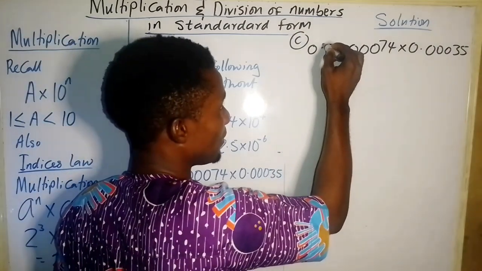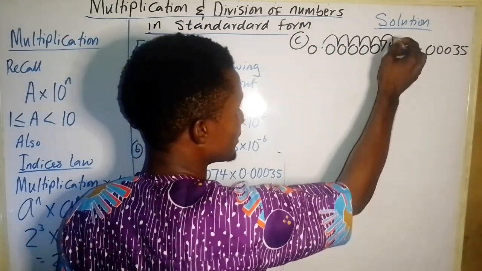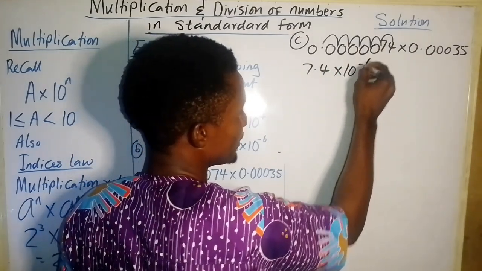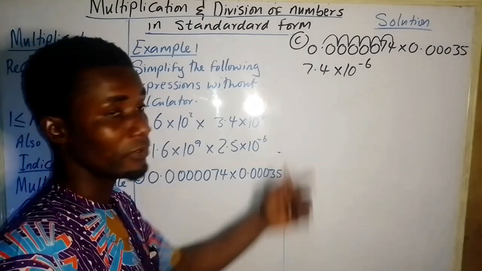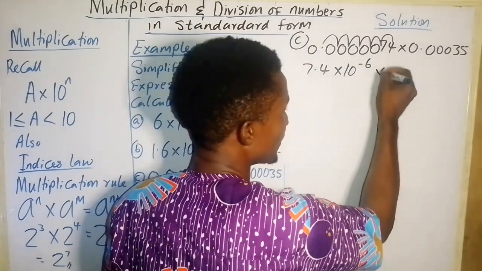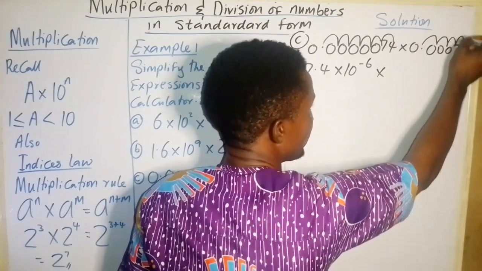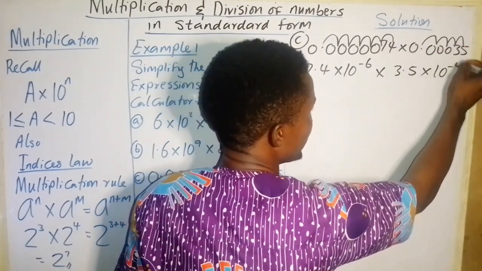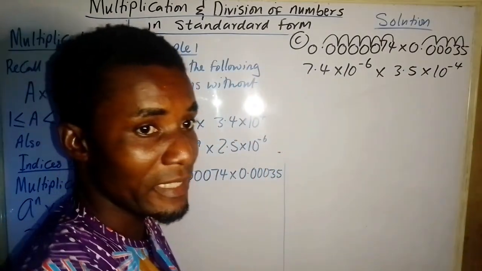Let's move our decimal point 1, 2, 3, 4, 5, 6. So this will be 7.4 times 10 raised to the power minus 6 because we are dividing by a million. So we have times, let's move 1, 2, 3, 4. So this will be 3.5 times 10 raised to the power minus 4.